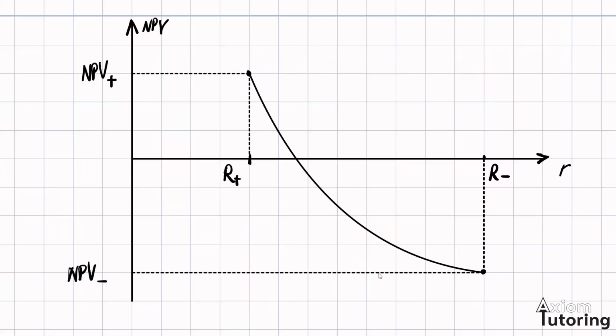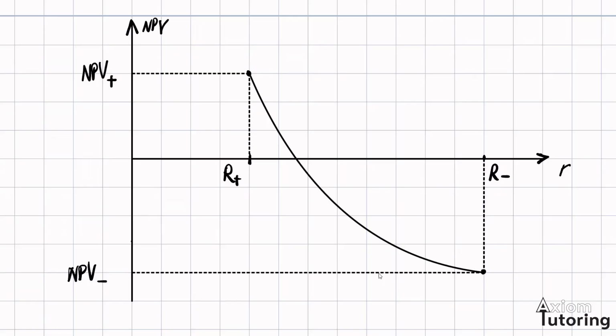Yes, there are. So the first method is that we can use trial and error. Let's just take a guess at the IRR here, because we can assume in most cases, the higher the discount rate, the lower the NPV. So let's just take a guess at the discount rate and see if we have a positive or negative NPV here. If we have a positive NPV here, then we know the discount rate is too low.